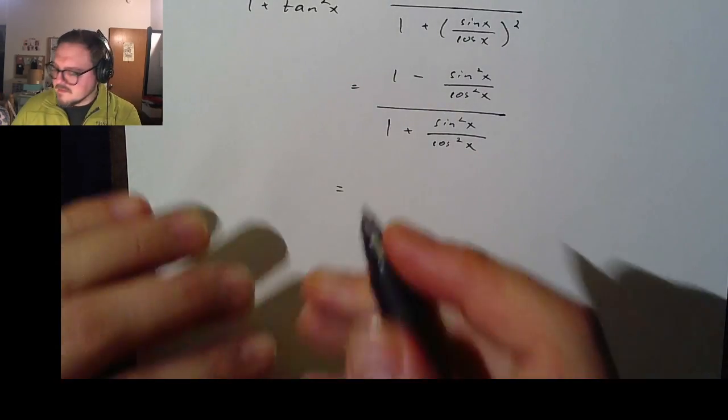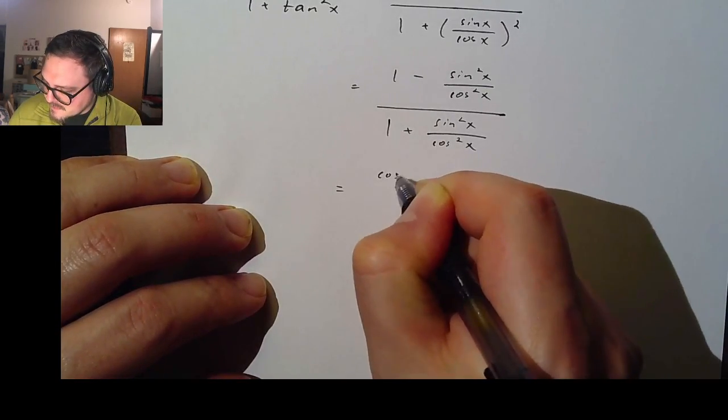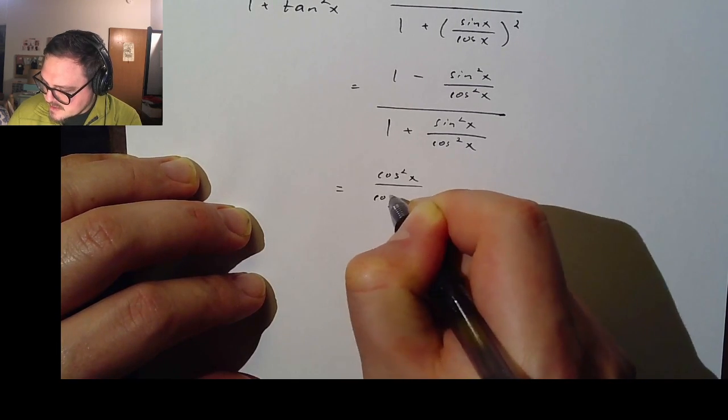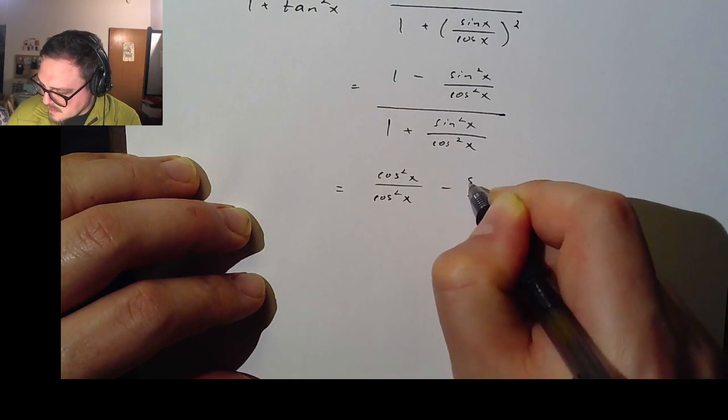I'm going to do this in 2 steps. It would not be inappropriate for students to do it in 1, but just to make it abundantly clear what's going on.